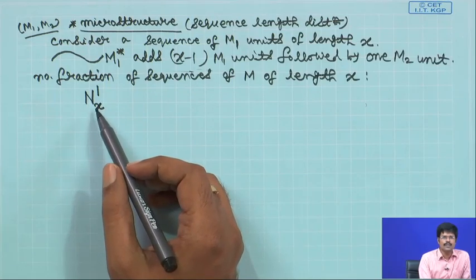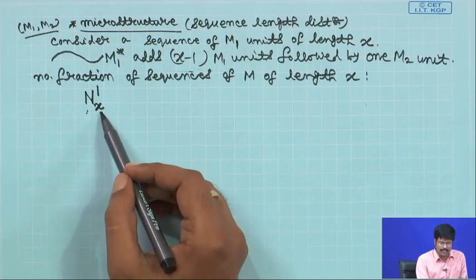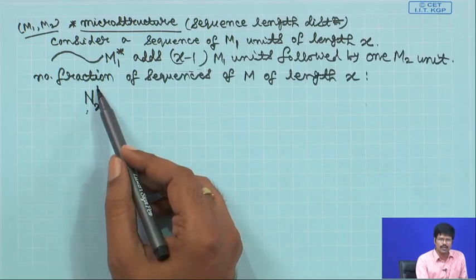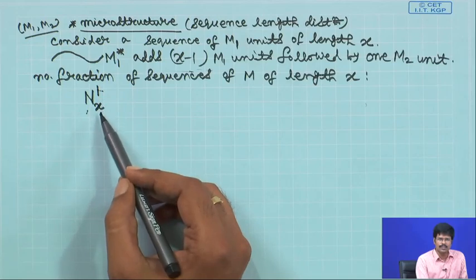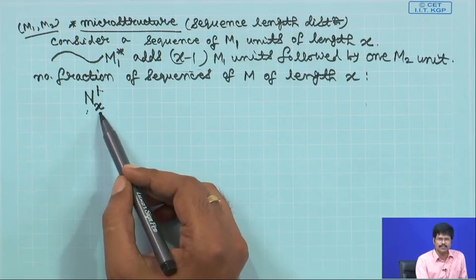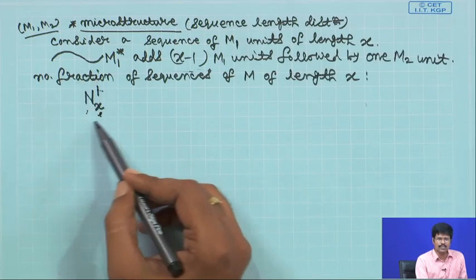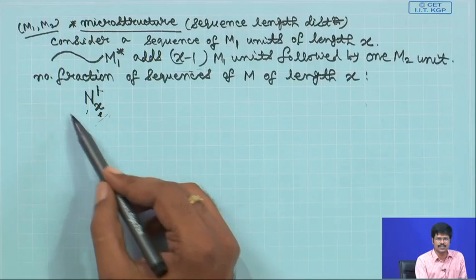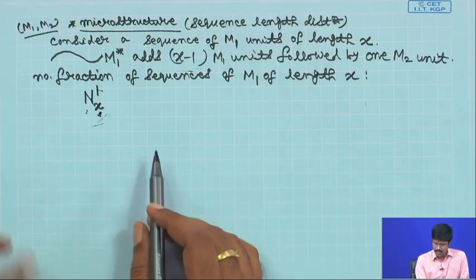So, that will mean this is the number fraction of a sequence of length x for monomer 1. So, the superscript is for the identity of the monomer, subscript is for the length of the sequence for which the number fraction we are trying to determine, and this full thing is a number fraction of the sequences of length x for the monomer M1.